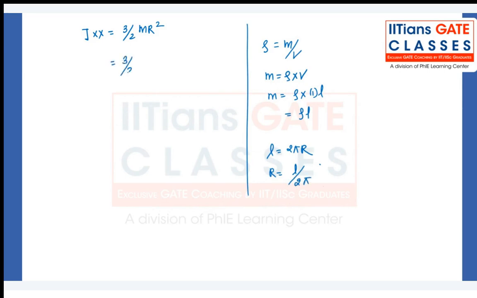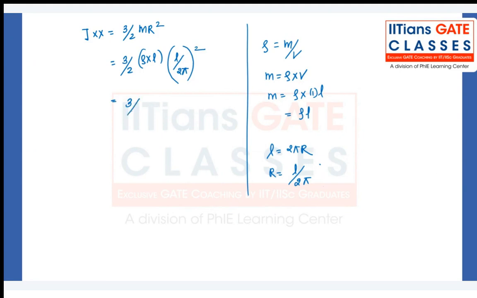So putting back into this formula, 3 by 2, M is rho into L, and R is L by 2 pi, whole square.